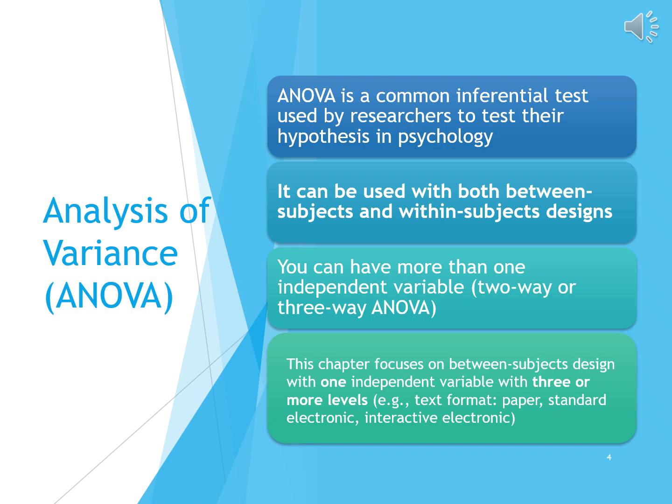This chapter, though, is focusing on a between subjects design with one independent variable, although that independent variable is going to have three levels. And therefore, we call it a one-way ANOVA because we just have one independent variable. Regardless of how many levels it has, it's still a one-way ANOVA because it's just one independent variable.